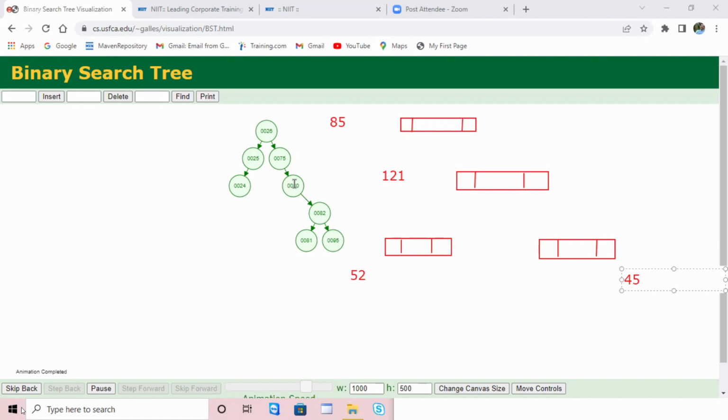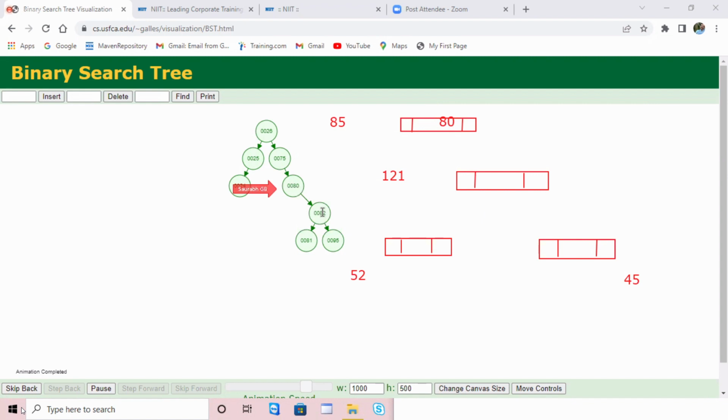Think it from here, this level. This is my 80. Okay. 80 will be pushed over here. Now think about this node. 80 is having 82 as its child, but in which pointer it is having?